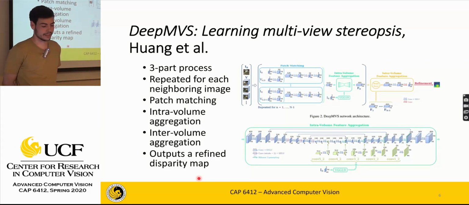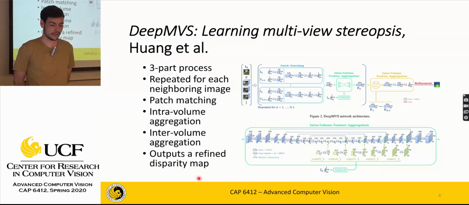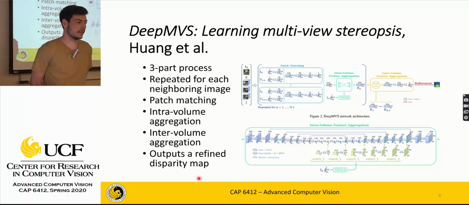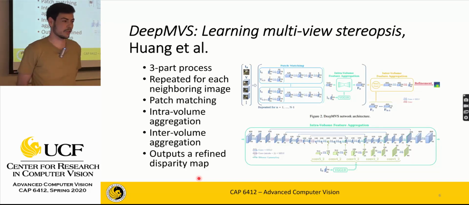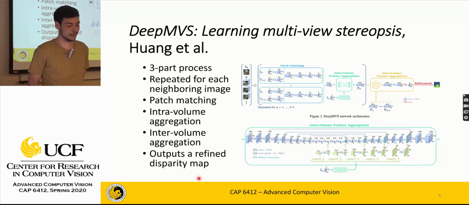The next related work that's more important to this paper is the DeepMVS architecture from DeepMVS: Learning Multi-view Stereopsis by Huang et al. This network is a three-part process. The first part is a patch matching network that finds similarities within different images. These images are all of the same objects but from different viewpoints.